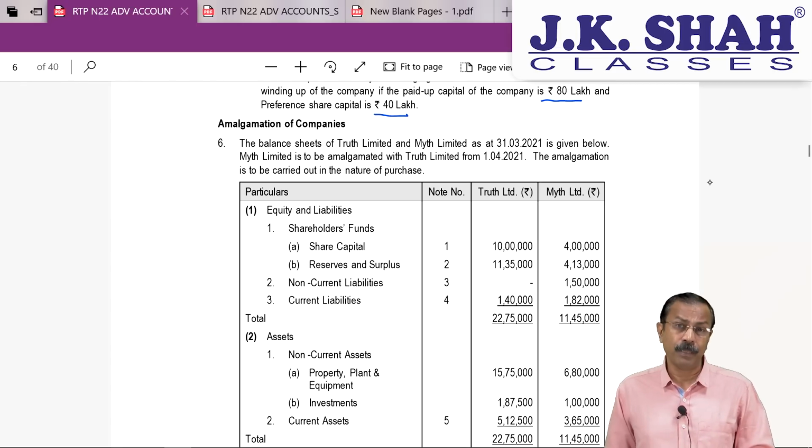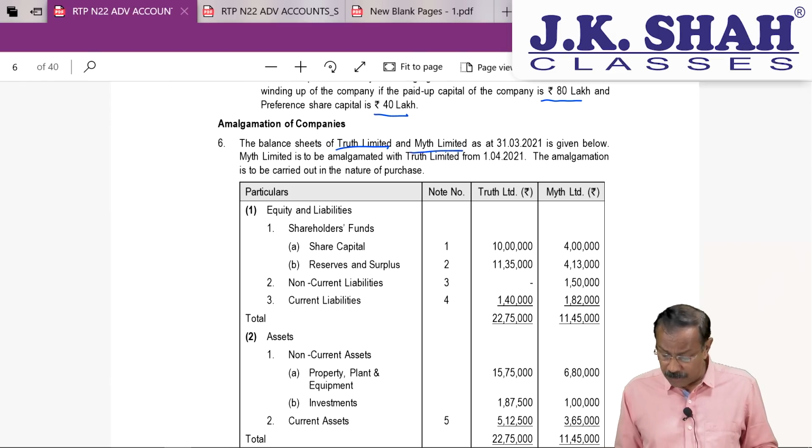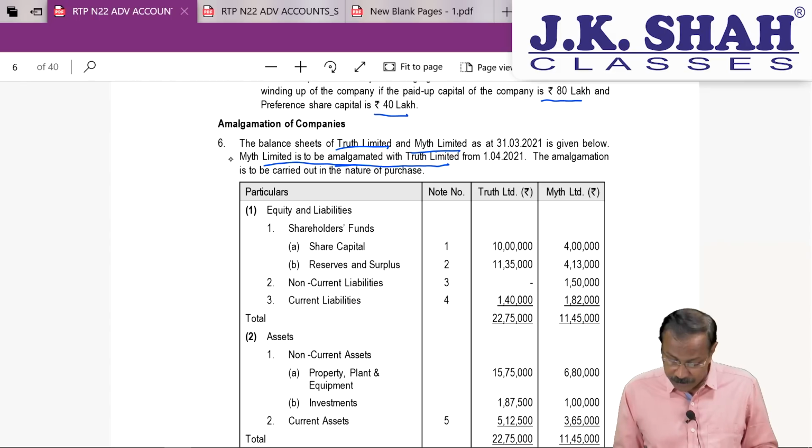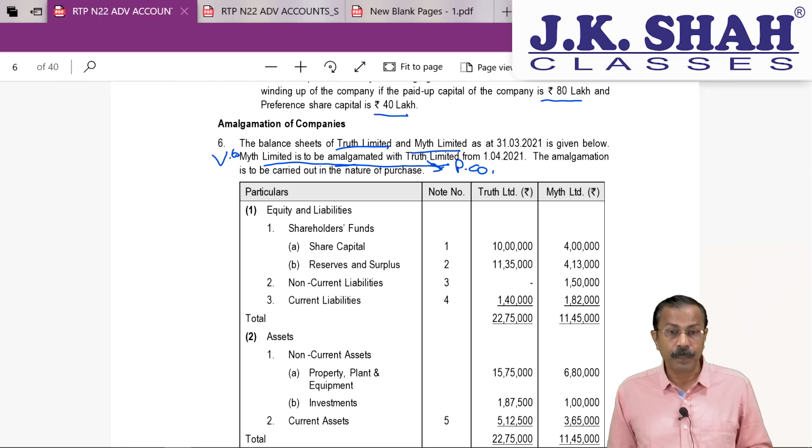Amalgamation of companies. Big chapter. The balance sheet of Truth Limited and Myth Limited as on 31st March 21 is given below. Myth Limited is to be amalgamated with Truth Limited. So this is your vendor company and Truth Limited will become your purchasing company.